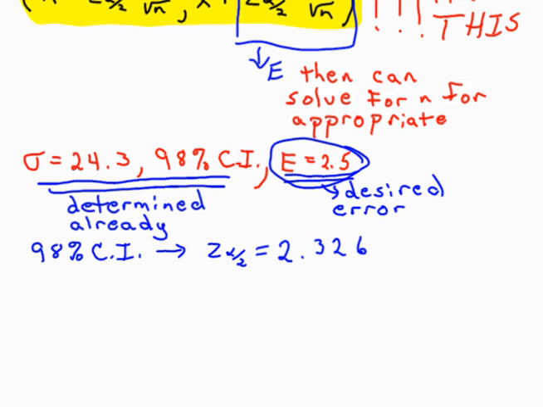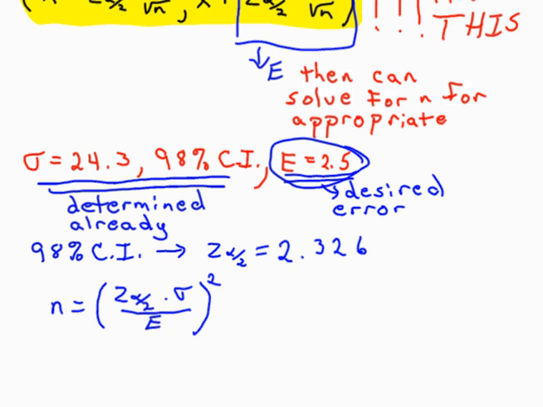I've got all my information that I will need. The appropriate sample size is z alpha over 2 times sigma, all of that over E, quantity squared.